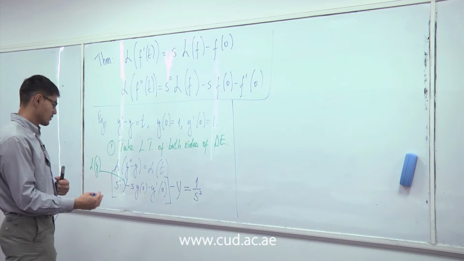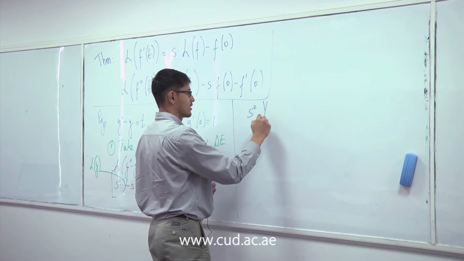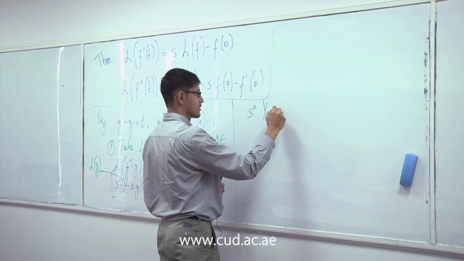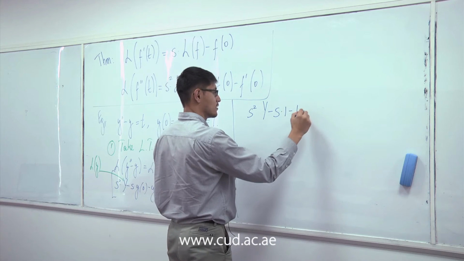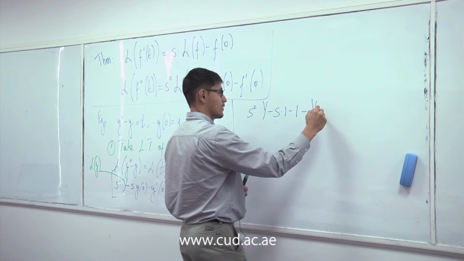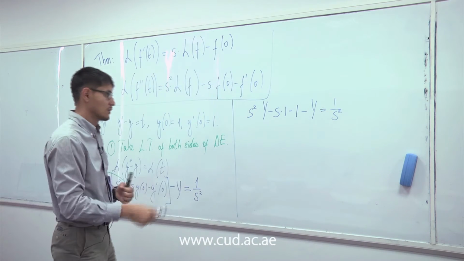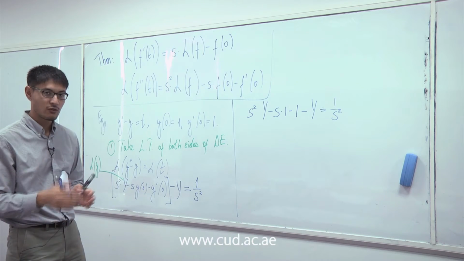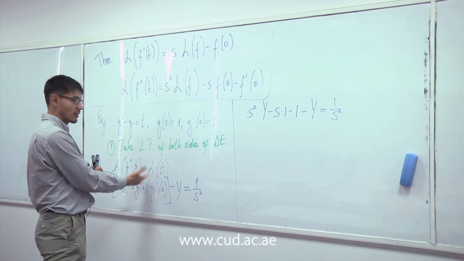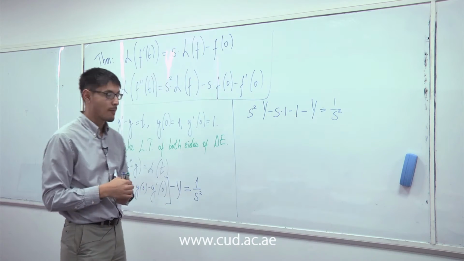And if we do that, we'll get s squared capital Y minus s times 1 minus 1 minus capital Y equals 1 over s squared. So that's our first step. We took the Laplace transform of both sides of the differential equation, and we obtained the following expression.